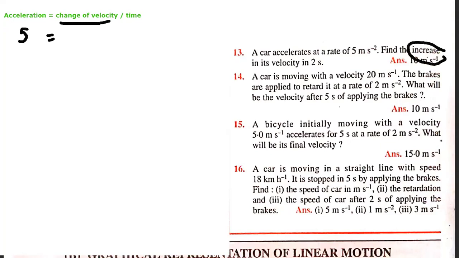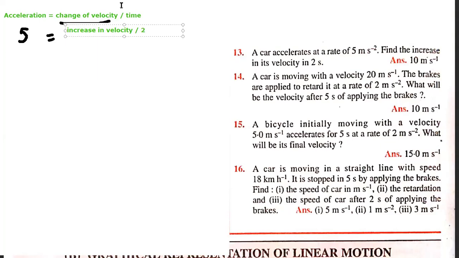Children, increase in velocity or decrease in velocity, both refer to change, that there is some change in velocity. So here I'll write down increase in velocity, since they are saying that velocity is increasing. Increase in velocity divided by time, and time is 2 seconds here.